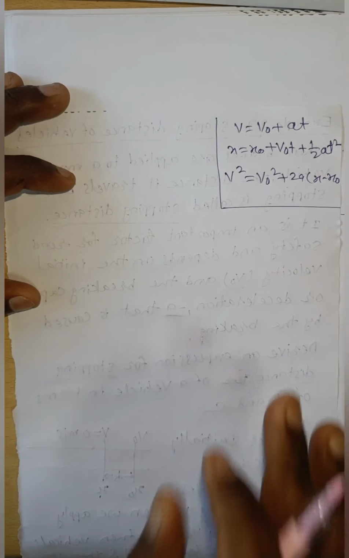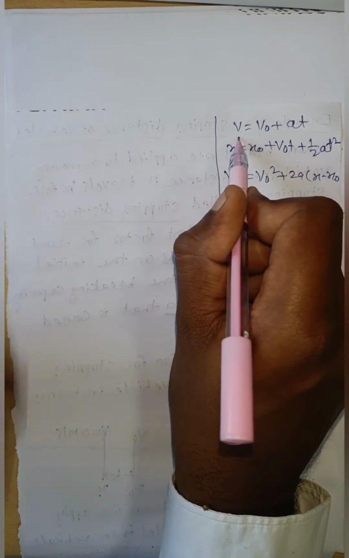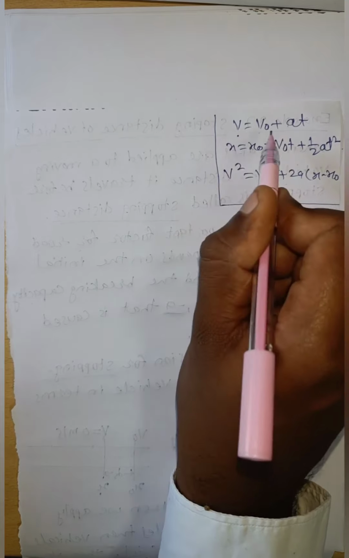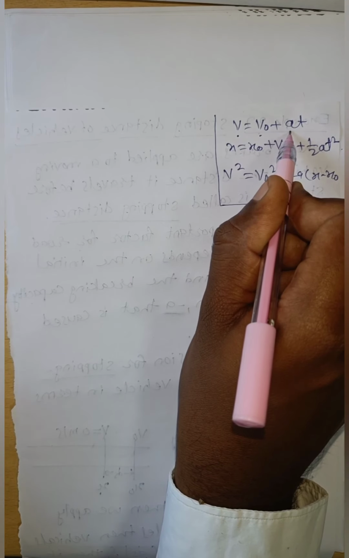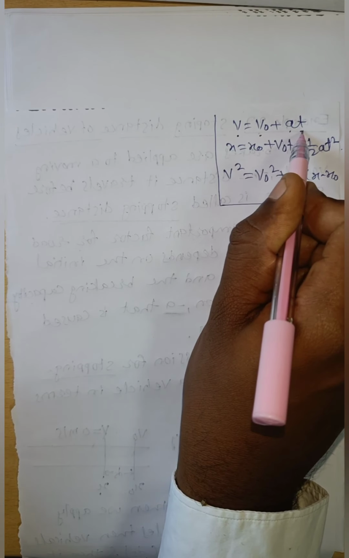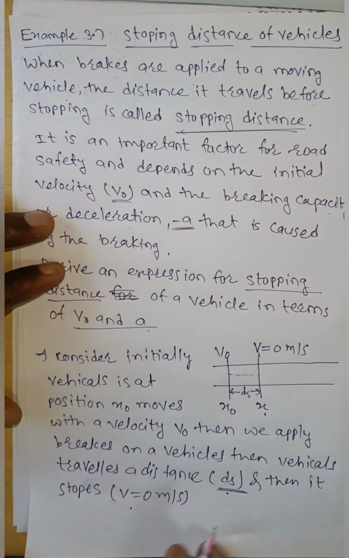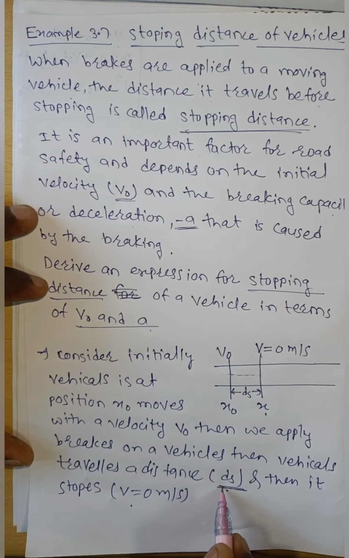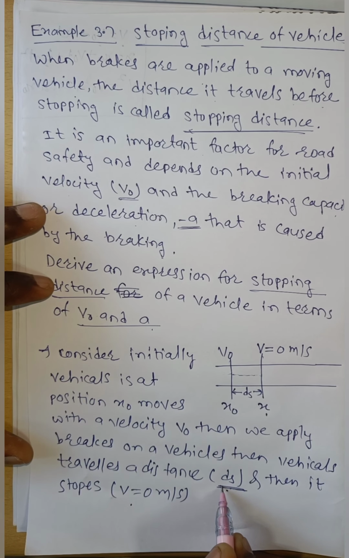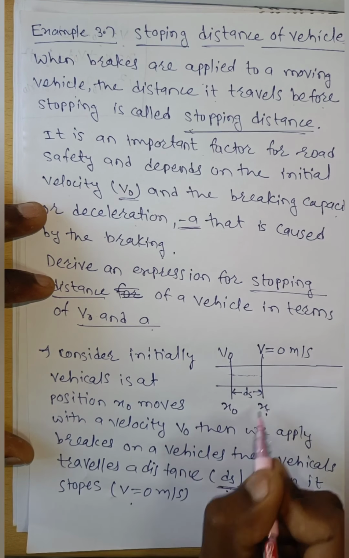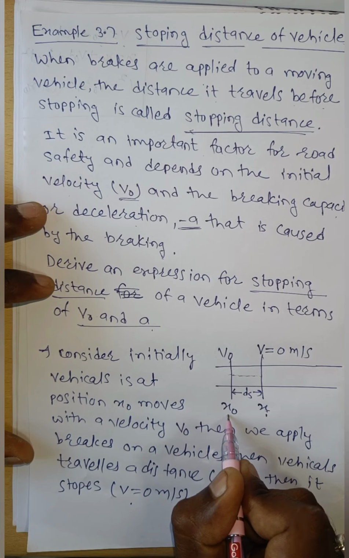Which equation is better here? We know the final velocity, the initial velocity and the acceleration. What we have to find out is the stopping distance, which means x minus x naught.